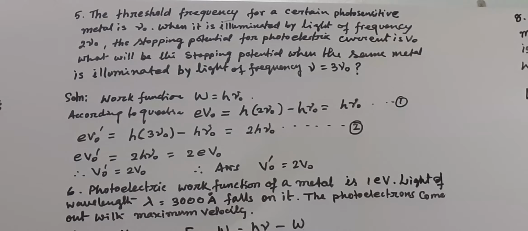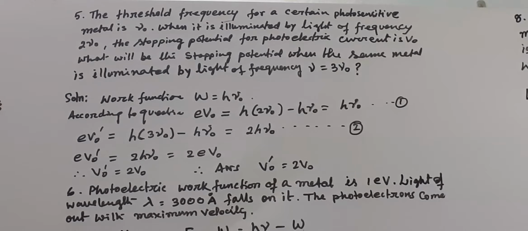Now, according to the question, e V naught equals h, with nu replaced by twice nu naught, because the initial photon energy comes with frequency twice nu naught. h twice nu naught minus h nu naught gives us h nu naught. Now, for the other incoming frequency, that is 3 nu naught, e V dash will be the stopping potential for this case, because the stopping potential has to increase here. h within bracket 3 nu naught minus h nu naught will give us twice h nu naught.